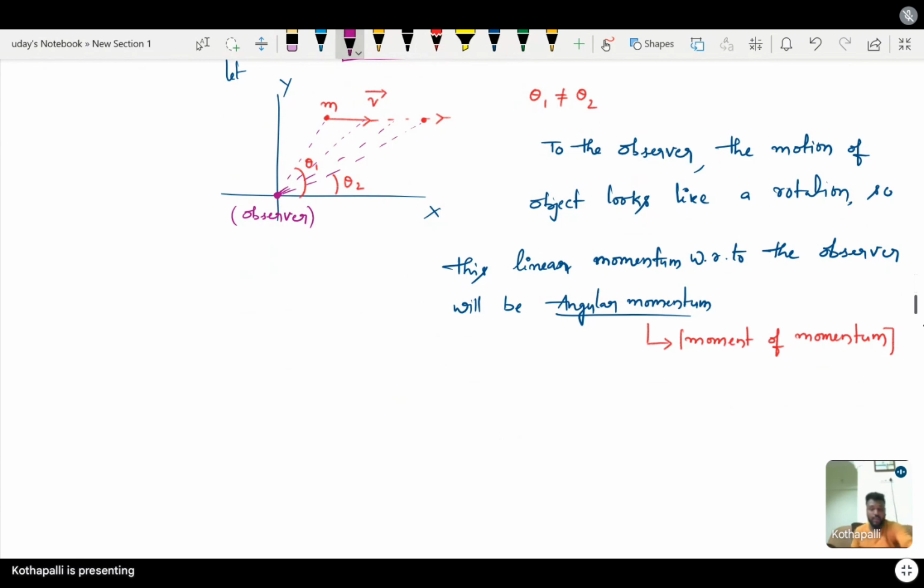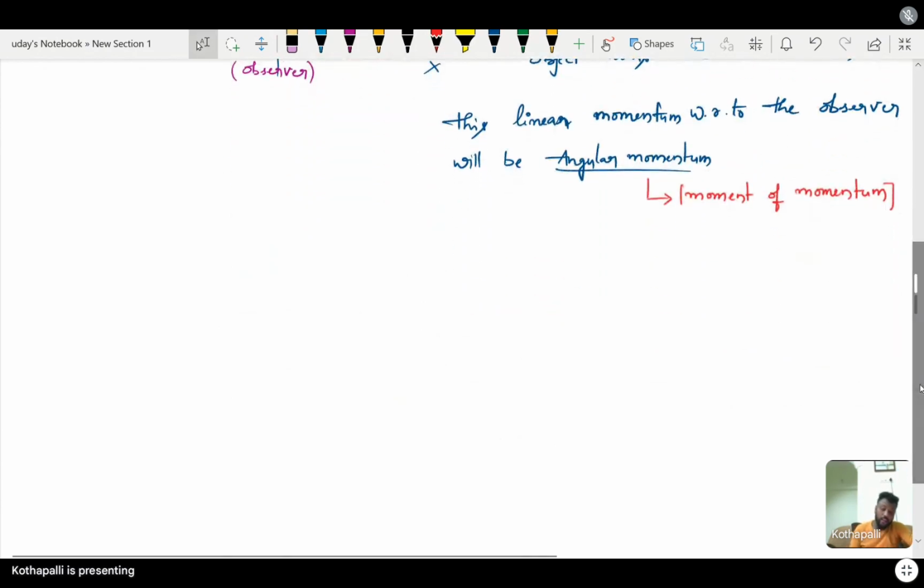Okay. Mathematically, how to express this? What is the expression of angular momentum mathematically?